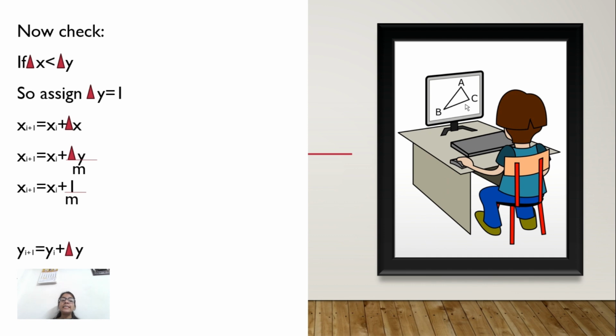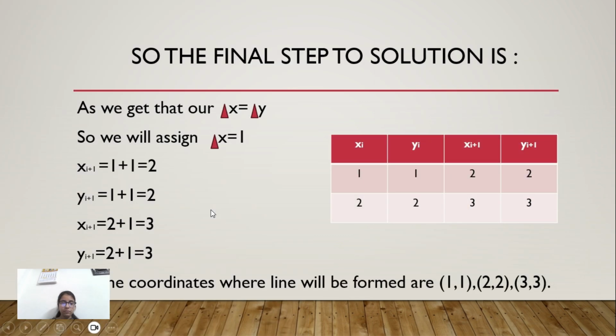Now, if it happens that del y is greater than del x, then del y will be assigned as 1, and after that xi+1 will be equal to xi + del x. Del x will be assigned as del y upon m, and del y will be 1. So the final one would be xi+1 = xi + 1/m. Then yi+1 would be equal to yi + del y. Del y will be 1, so it would be yi + 1.